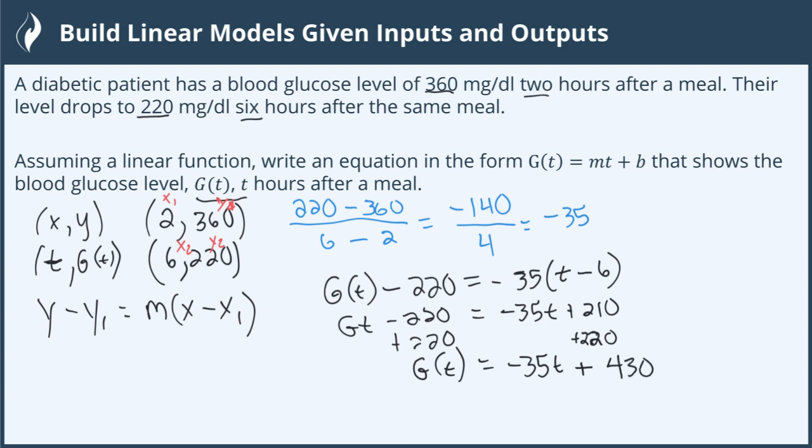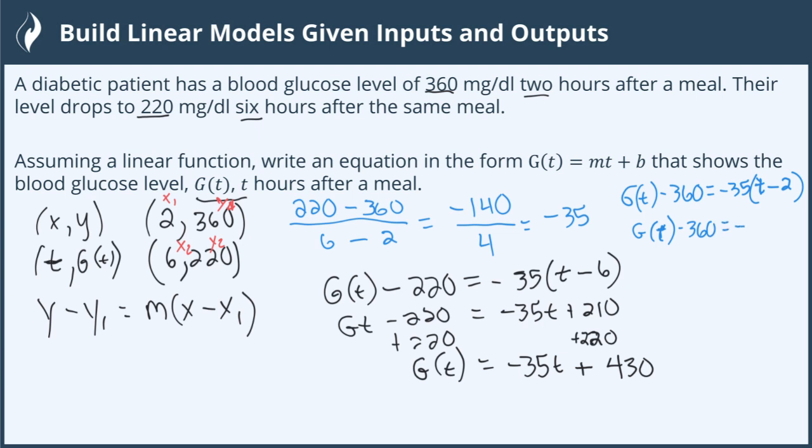Now, if you want to check it, it doesn't matter which point you use, you should get the same equation. So if I do it using my other point, g of t minus 360 equals negative 35 times t minus 2. Okay, so this would give me g of t minus 360.